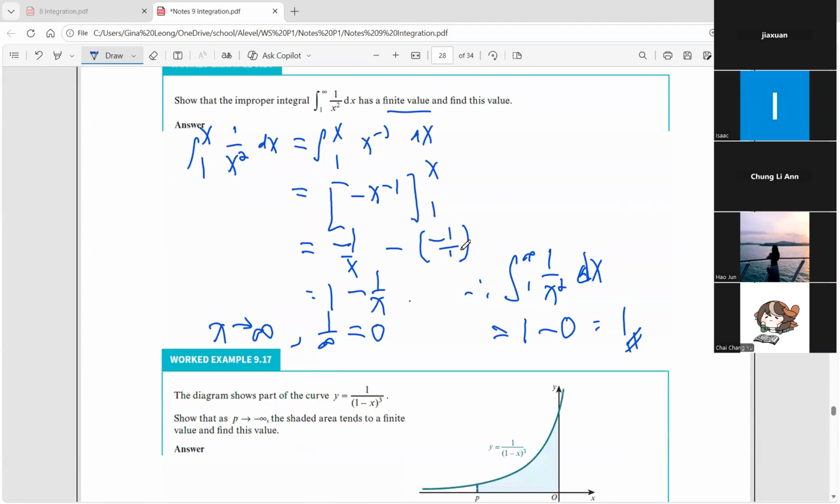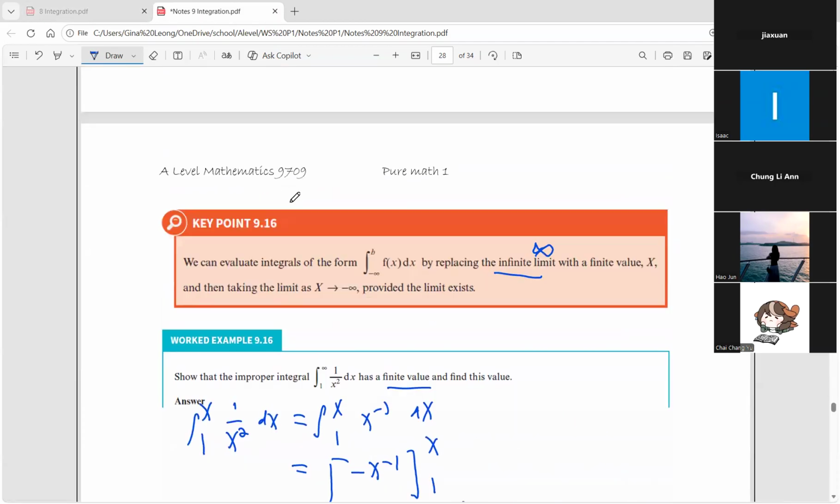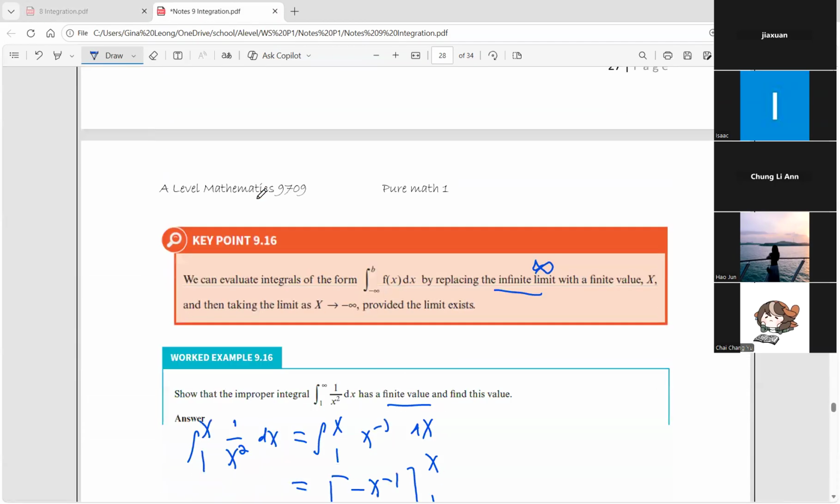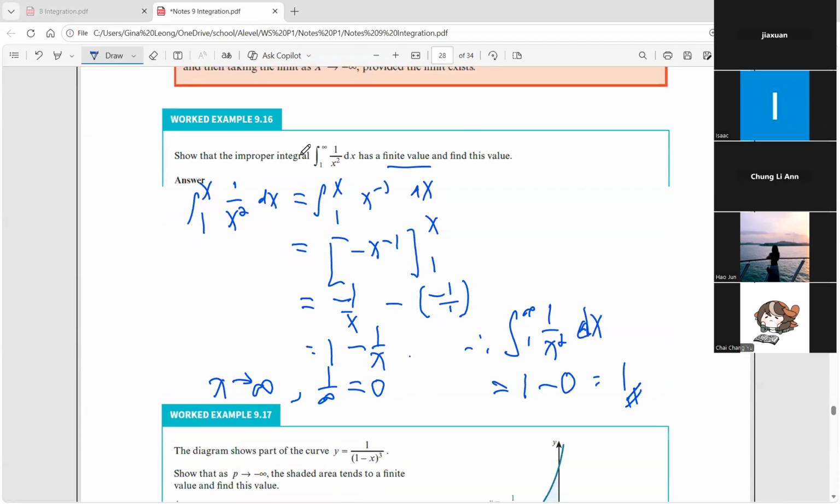According to the theory just now, the key point I gave you, I need to replace this infinity with x. I put this one as the x. So the integral from 1 to x of 1 over x squared dx. Then I do normal integration as usual. I will get negative x to the power of minus 1, from 1 to x.